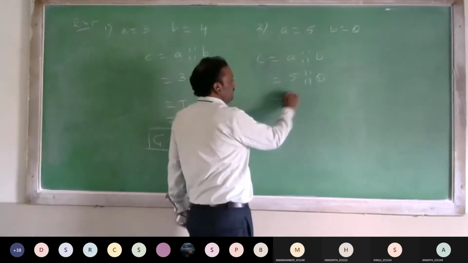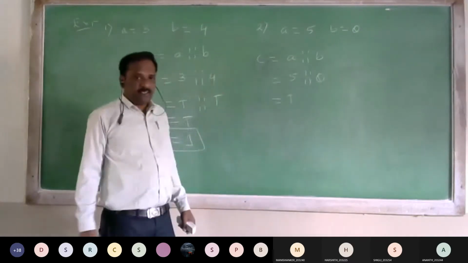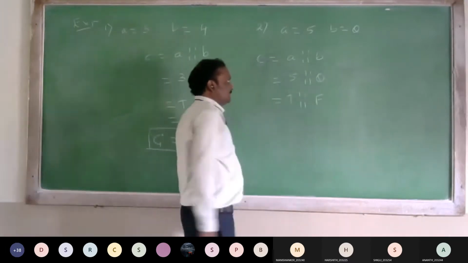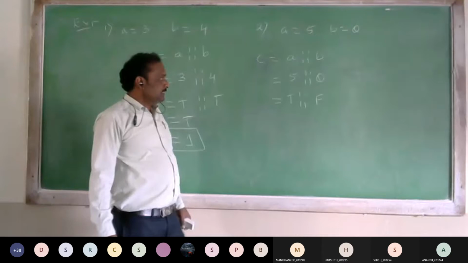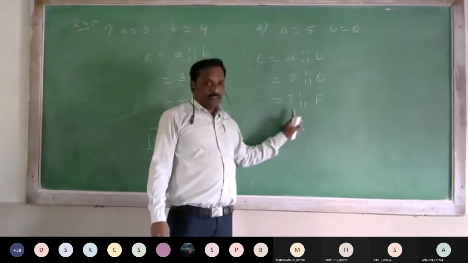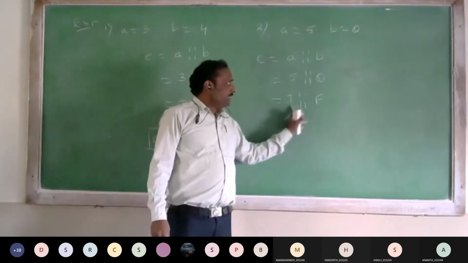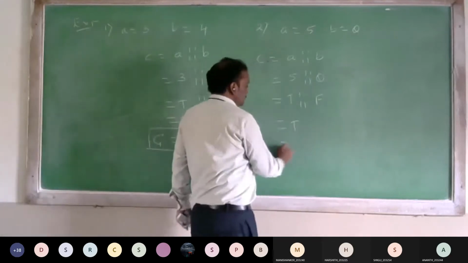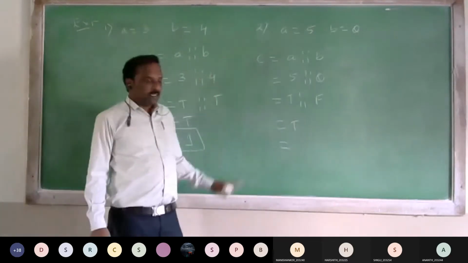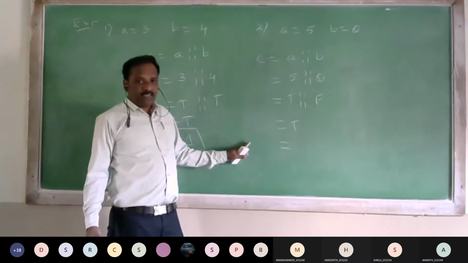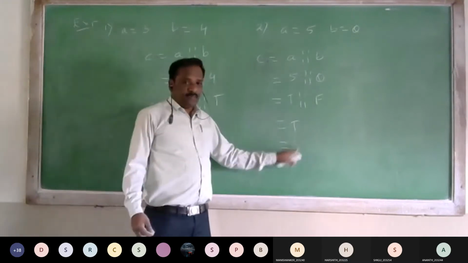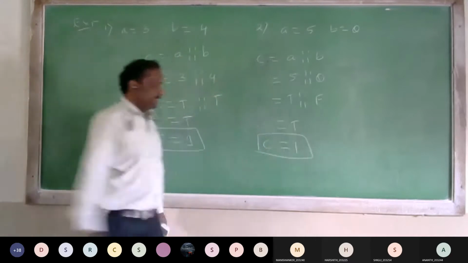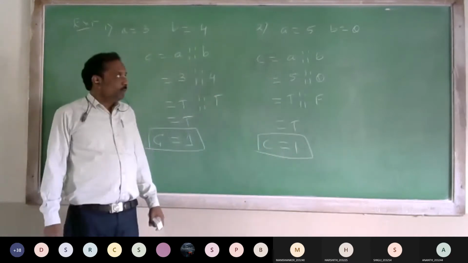Any value other than 0 we call a true value, and 0 means false. According to the truth table of logical OR, if any one of the variables is true, the result will be true. The computer gives us only an integer value: true means 1, false means 0. Now, the C value will be 1.